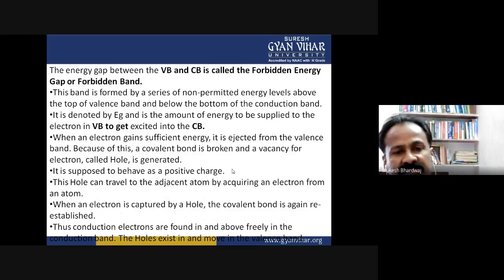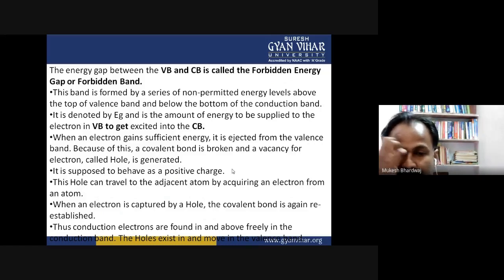So a hole is nothing but a vacancy, the empty space created by an electron moving away, whether in sharing or combining a covalent bond or participating in any other phenomena. It is supposed to behave as a positive charge.